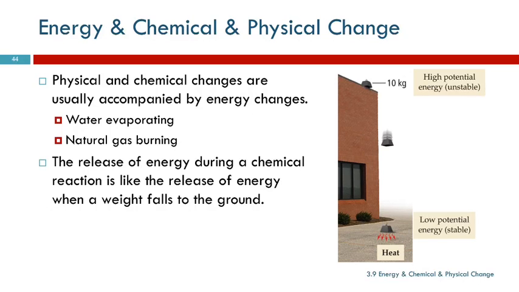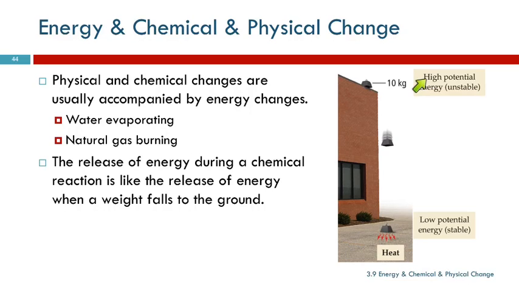This is like what I did with the marker over there. When it hits the ground, it has low potential energy, and all that kinetic energy from its motion is transformed into heat. It causes an increase in temperature here because it causes all the molecules in the pavement and in the weight itself to move more, and that increases the temperature.